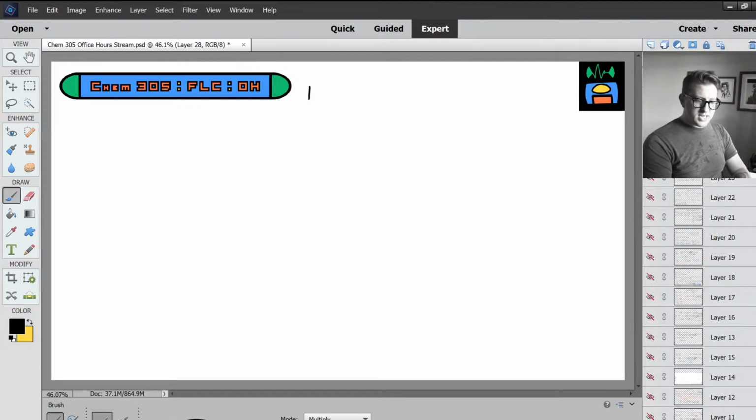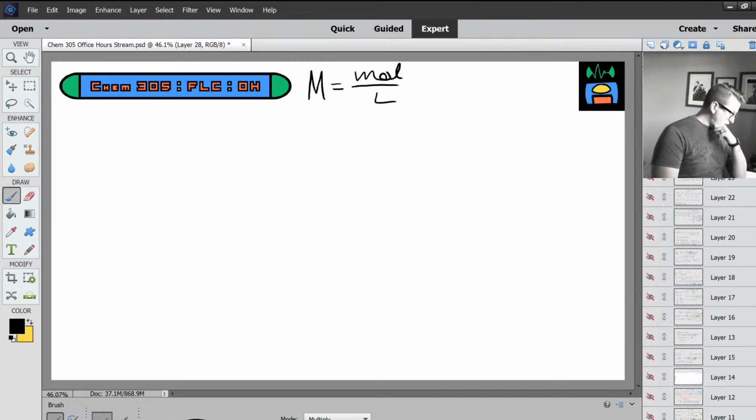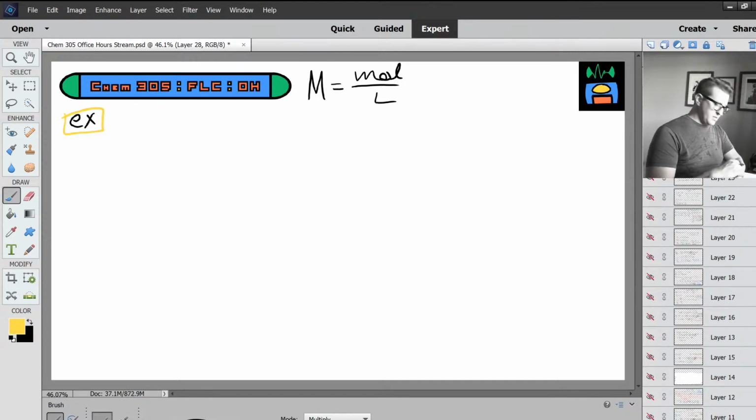So let's put this to the test. Again, remembering that molarity is equal to moles over liters. All right, so for example, and I'm just pulling these ideas out of the homework.